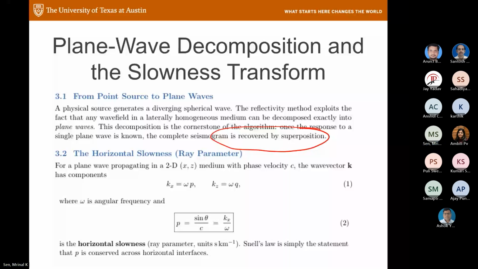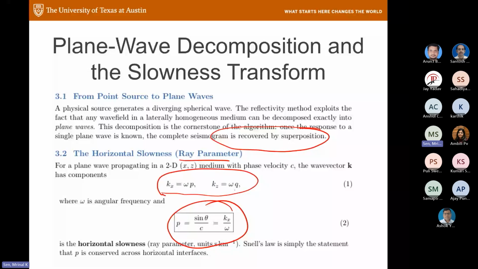First we have to define how we parameterize the plane waves. These are parameterized by ray parameters. We already talked about this. The ray parameter is sine theta over v. It's very easy to show that for the isotropic case. And from kx, we can go to omega p. kz is the vertical wavenumber, it's omega times q.